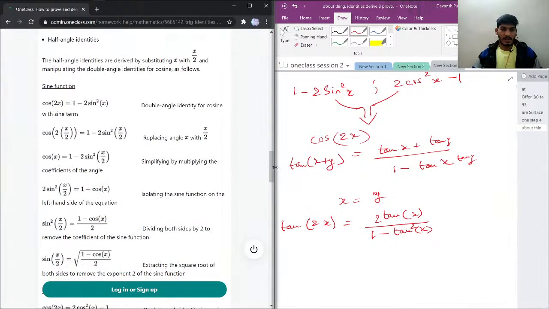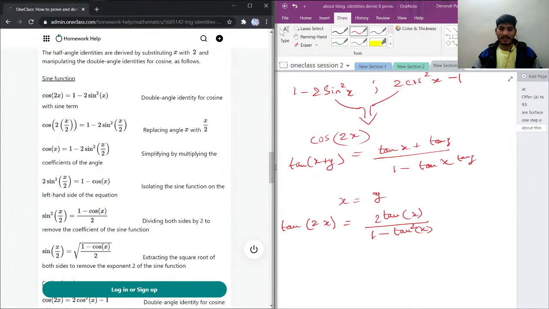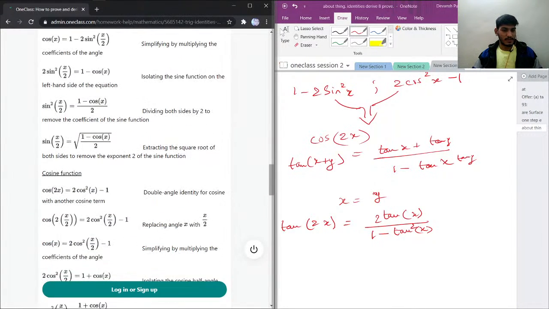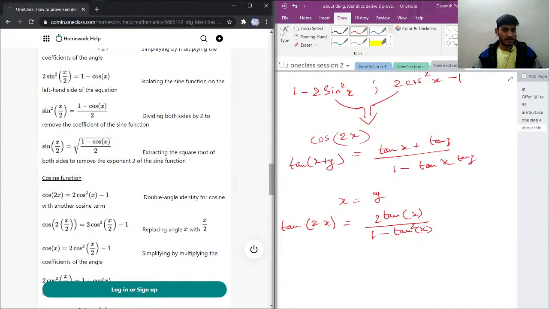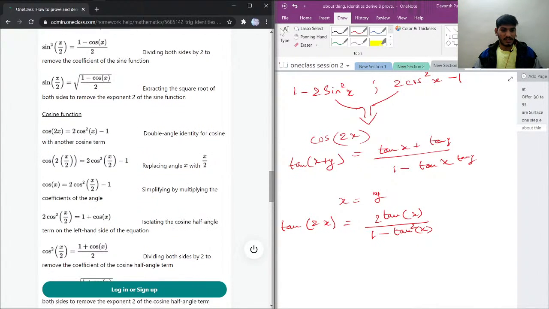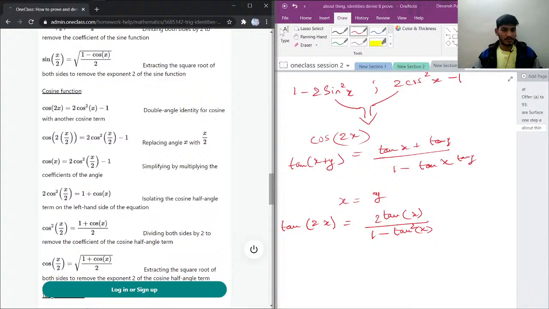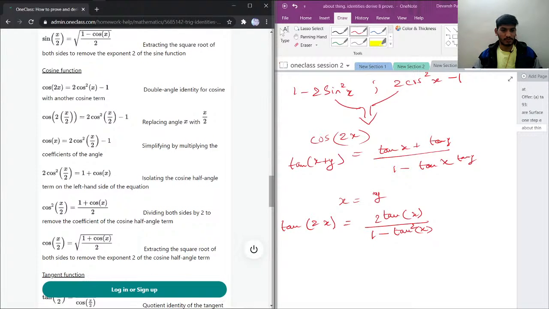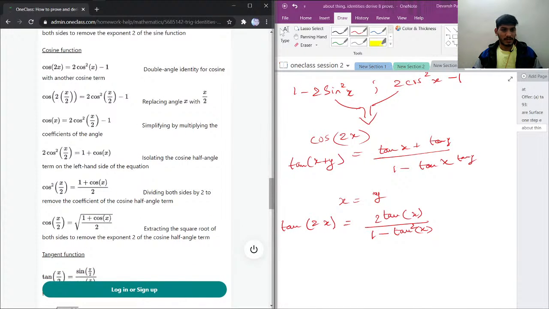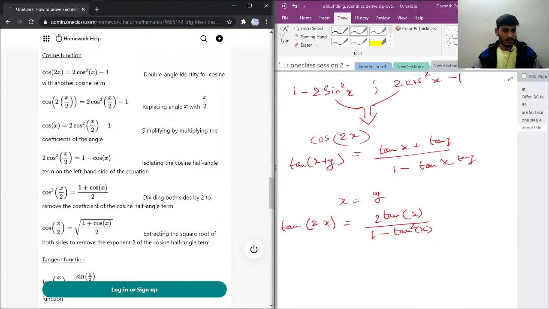And half angle identities, we can just keep x as x over 2, and in the similar fashion we can just derive. We have cosine function, cosine 2x equals 2 cosine square x minus 1. Then we have cosine x over 2 as square root of 1 plus cosine x over 2.